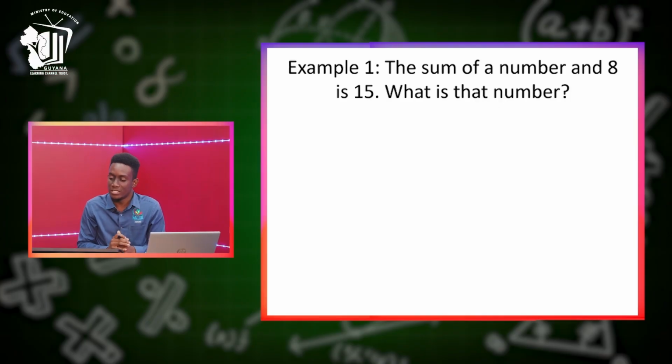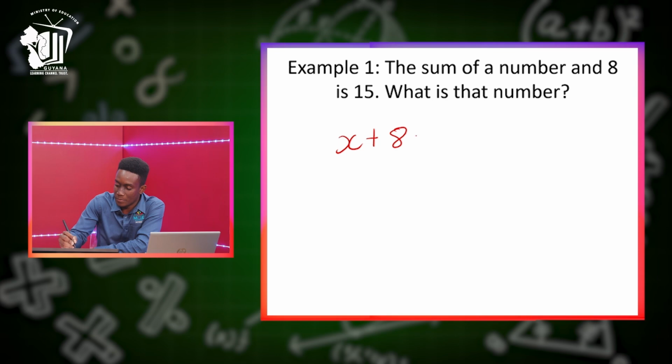Now that we have a good understanding of the terminologies that we should look out for, let's head into a few examples. This example says, the sum of a number and 8 is 15. What is that number? The sum of a number and 8, we don't know what the number is, so this would be x plus 8 is equal to 15. So we can solve here.